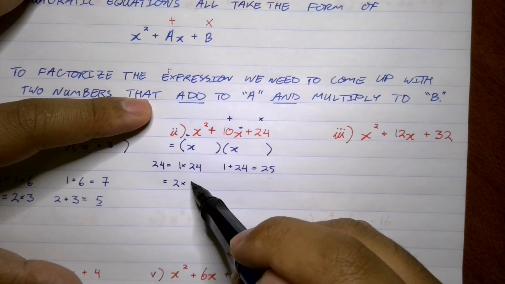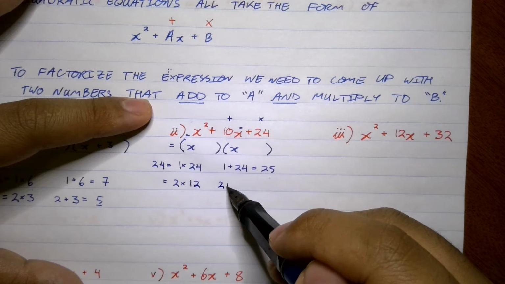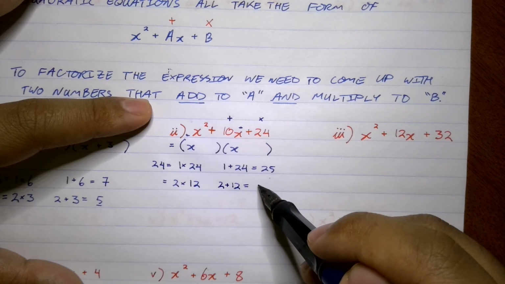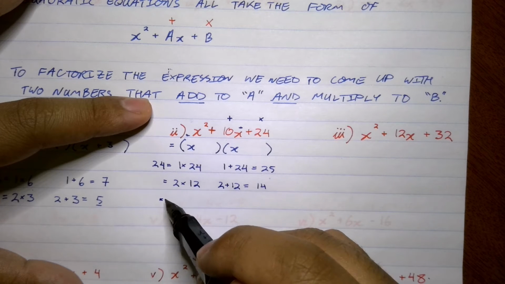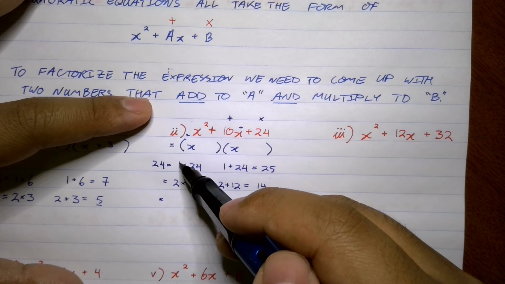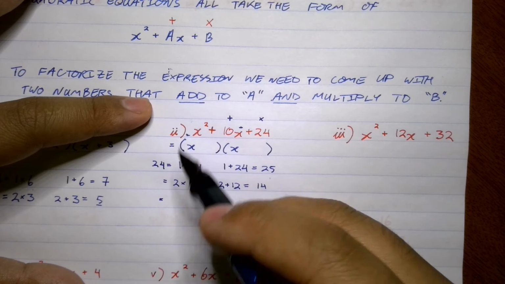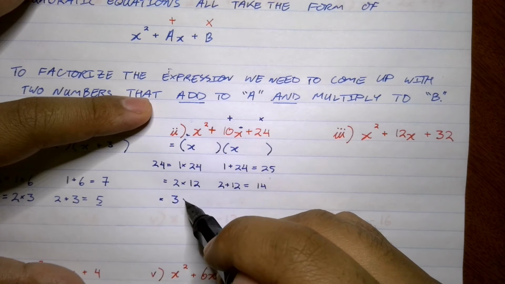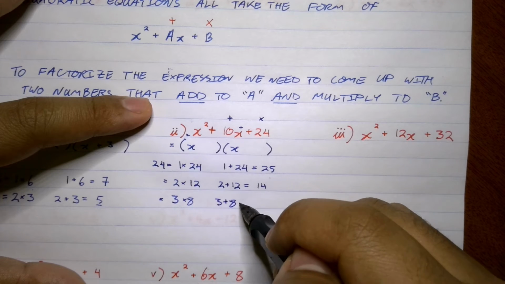Let's try the next one. 2 times 12 is 24. Let's test 2 plus 12. It's 14. Doesn't work. And we just keep moving down along the list. Does 3 work? 3 times what gives me 24? Well, 3 times 8. Let's test 3 plus 8.